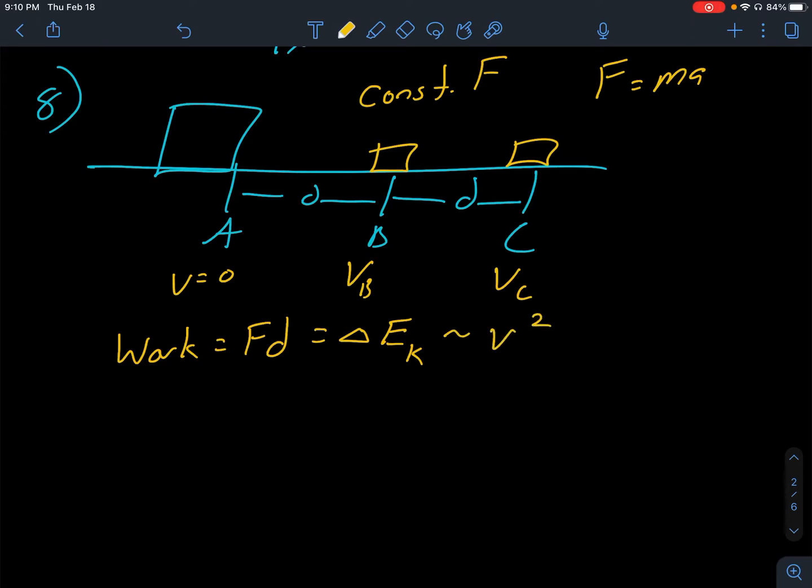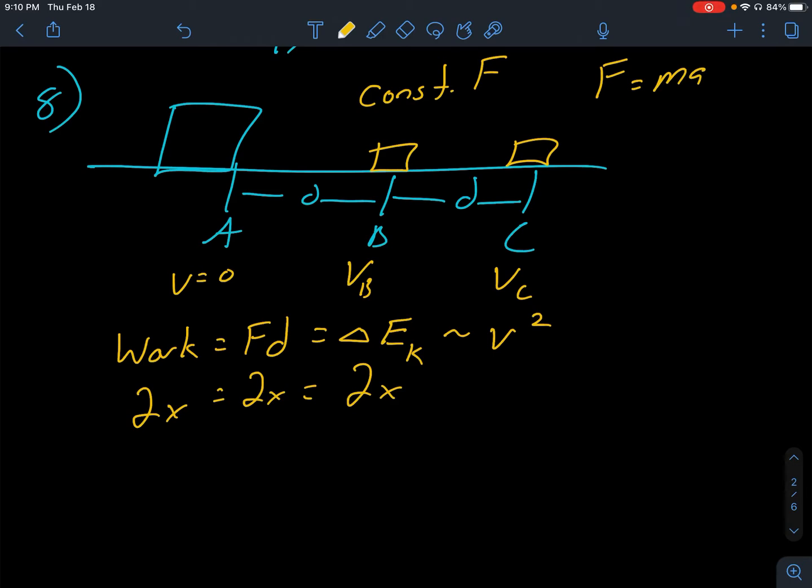So our change in energy is proportional to the velocity squared. So if we have twice the distance, right, that means we have 2 times the work because it was 2 times that distance. So that also means we have 2 times the total energy or change in energy, right?